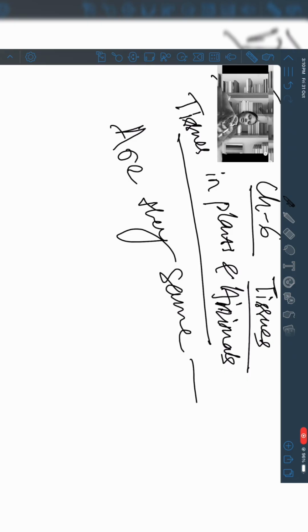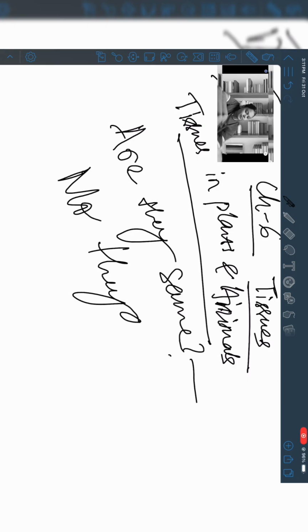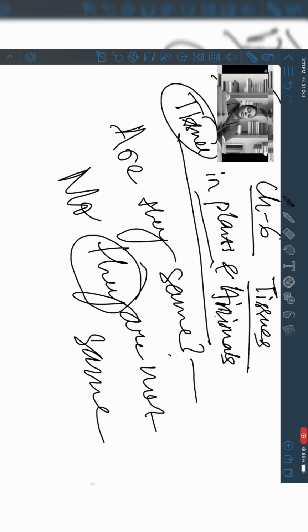They look alike, but not as much alike as plants. That means that no, they are not same. Here they means the tissues in plants and animals. So clearly, plants and animals have different types of tissue. So today we're going to study about plant tissues primarily.